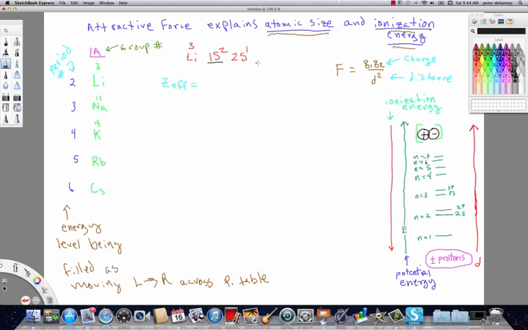We can actually, let me draw another picture of this. If I put lithium's 3 protons in a circle, the first 2 electrons in energy level 1 are sitting between the protons that attract the electrons to the nucleus and the single electron that's sitting in the outermost shell.